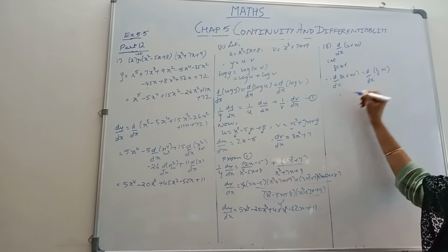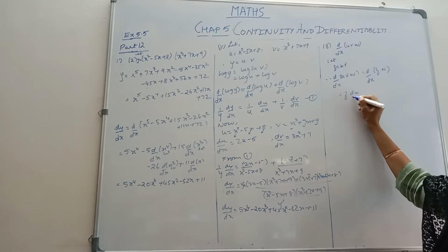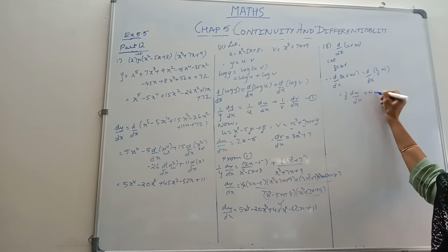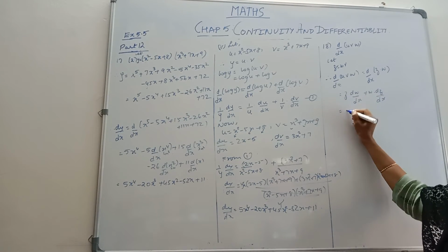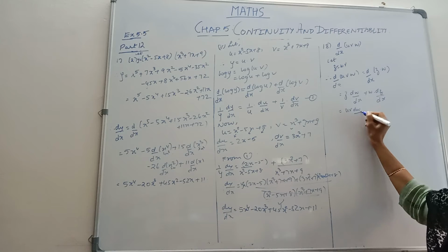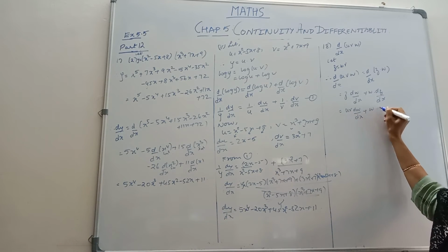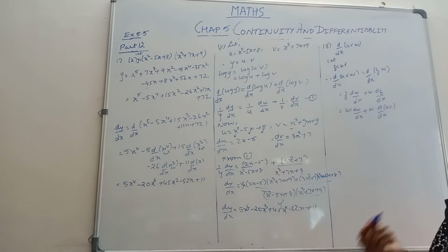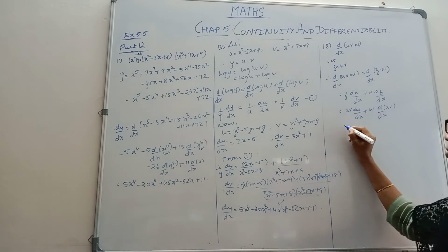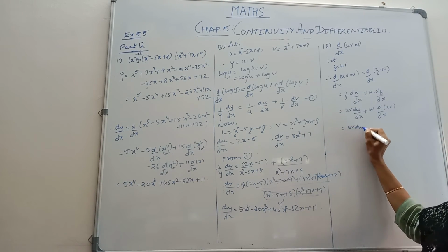And the product rule here we can apply: z times dw by dx plus w times dz by dx. Let's revert back. This is uv dw by dx and this is w d by dx of uv. This we know. Yeah, product of 2 we know it. What will come?